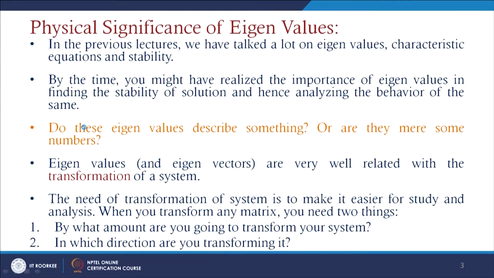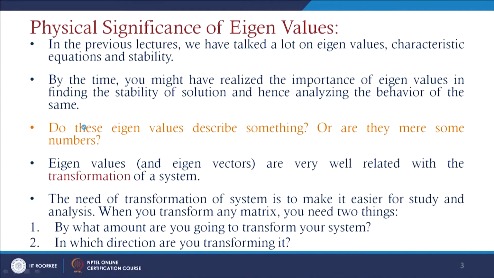So, do these eigenvalues describe something, or are they merely numbers? If eigenvalues exist for a system of equations, then corresponding to each eigenvalue we will have certain eigenvectors, maybe repeated or maybe distinct. They are very well related to each other for a transformation of any system.